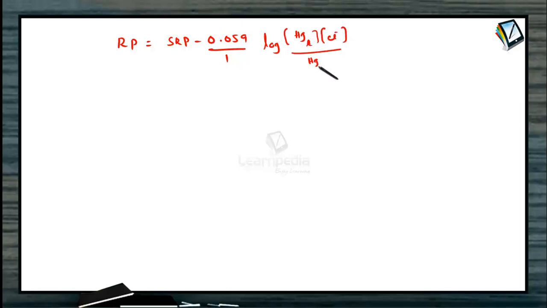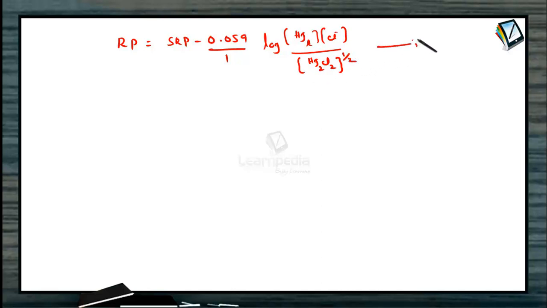For this reaction, the reduction potential is given by the standard reduction potential, SRP, minus 0.059, the number of electrons involved being 1, log of Hg liquid into Cl- concentration by Hg2Cl2, the stoichiometric coefficient being half, it will go as the power.